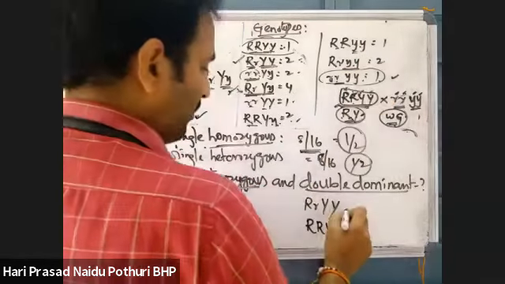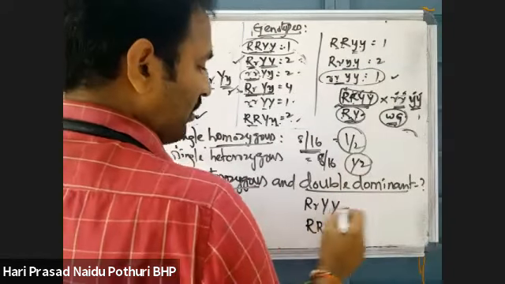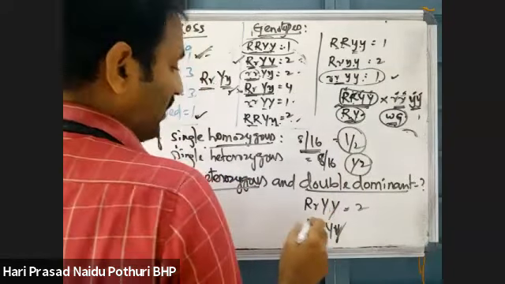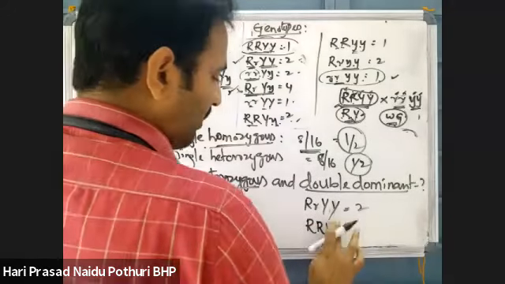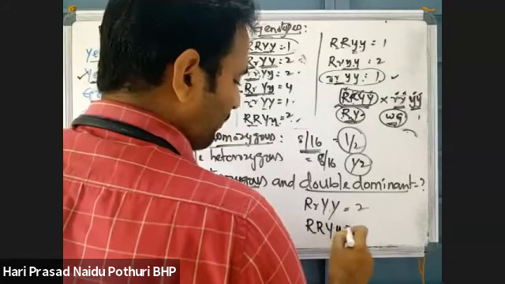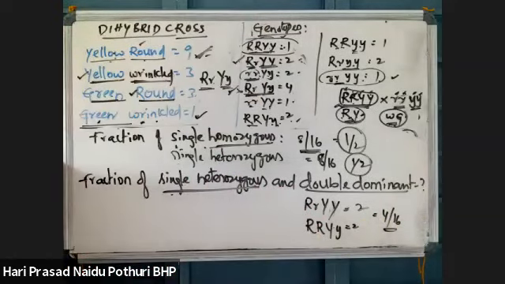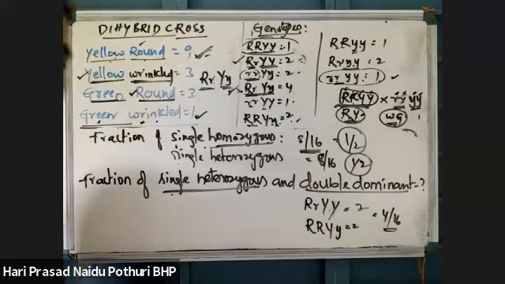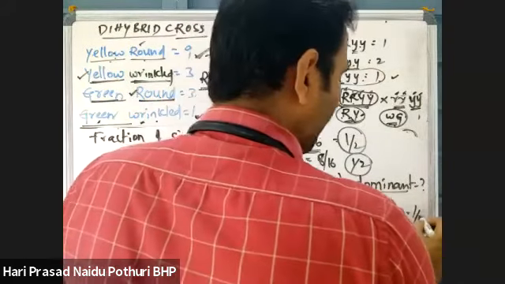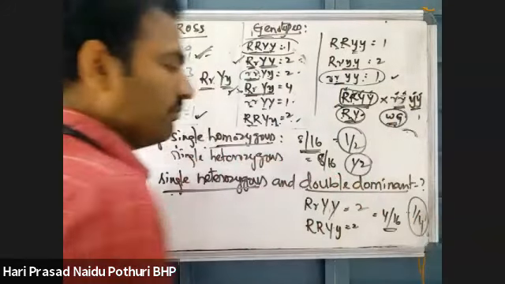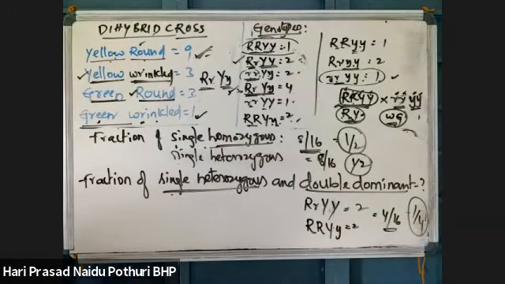This is also not double dominant. Capital R, small r, capital Y 2. Capital R, capital Y, small y 2. So 4 by 16, 4 by 16 means 1 by 4. 1 by 4 is the ratio.